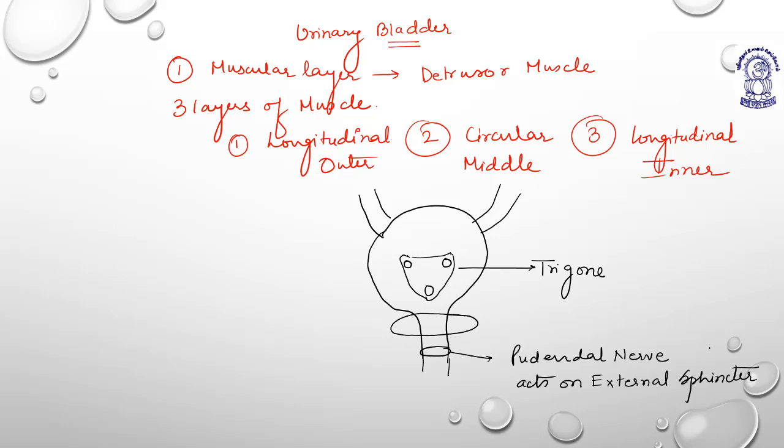Around 700 to 800 ml of urine can be stored at a time. The process of voiding of urine is micturition.